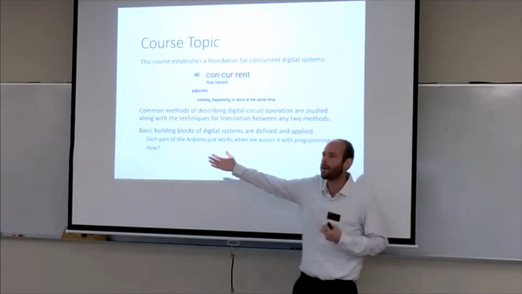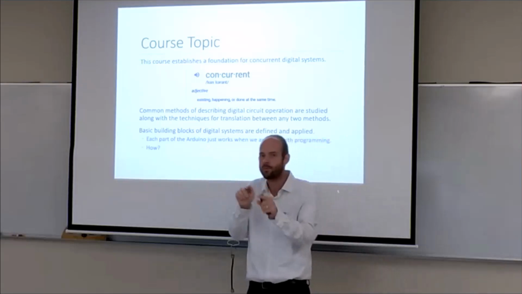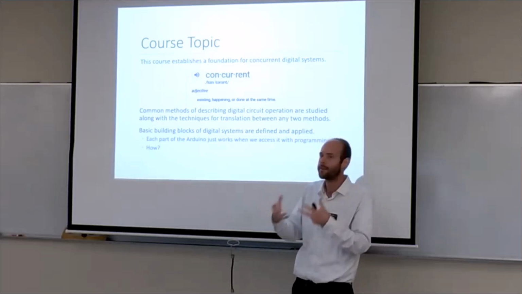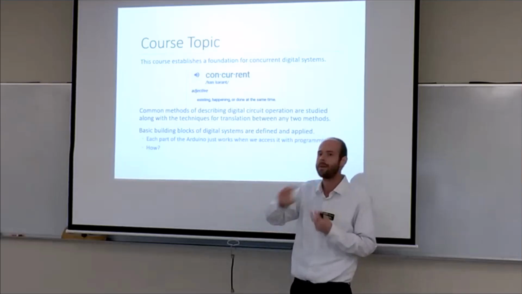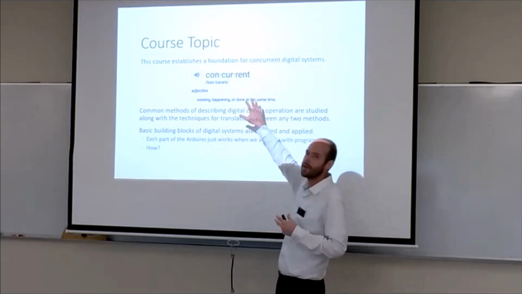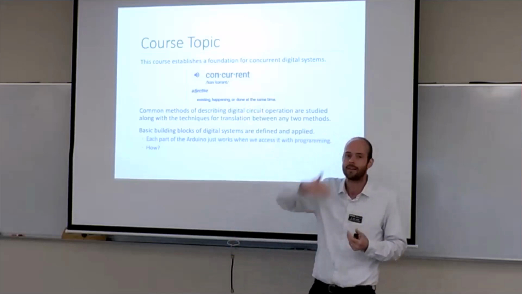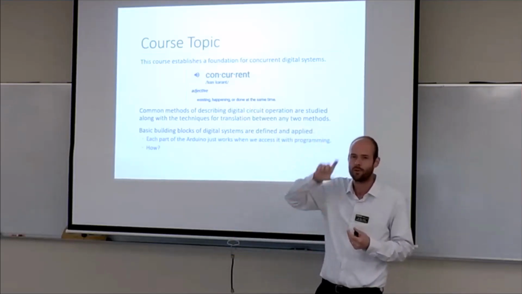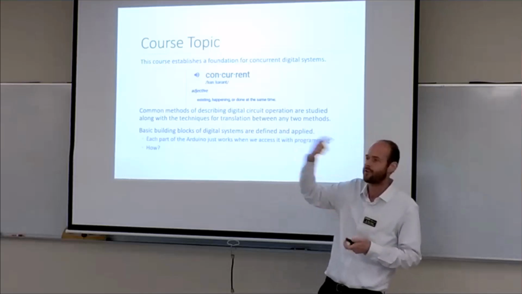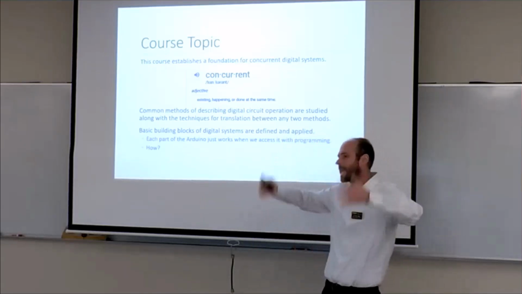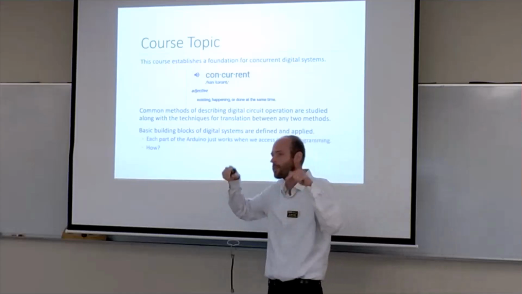Something like the front panel of a microwave, where you're looking for presses of the buttons, would work better to have an embedded piece of circuitry that reacts immediately and always is in effect because it exists, rather than looking at sequential logic where you're moving through a loop and have a short window where you're trying to catch a button press. So concurrent is the key point of this class.